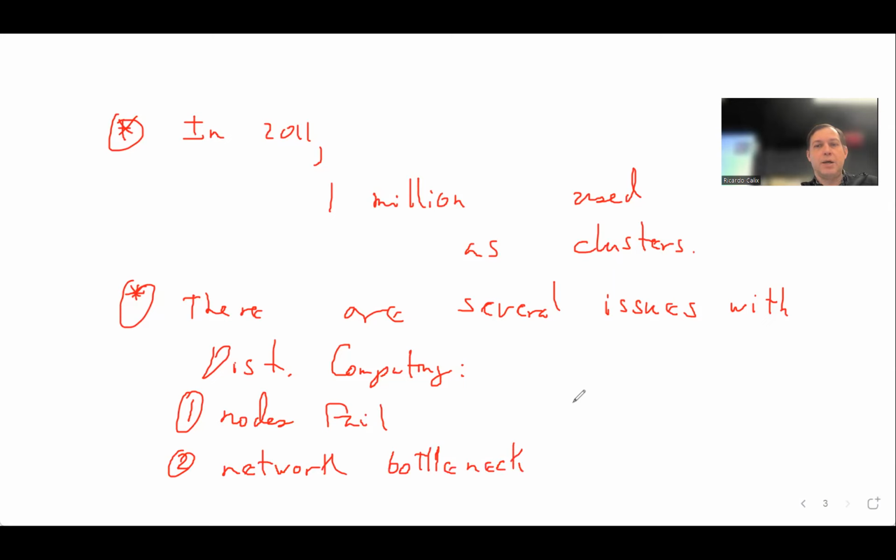And number three, these are actually the main ideas, programming for distributed systems is really hard. So let's call it distributed programming is hard, and I'll drill down into these ideas.